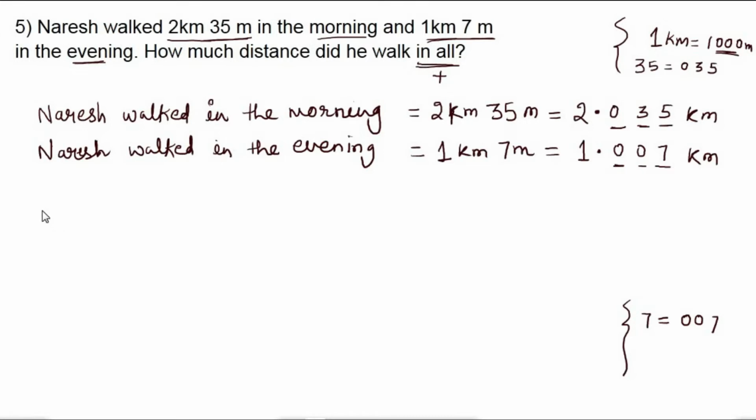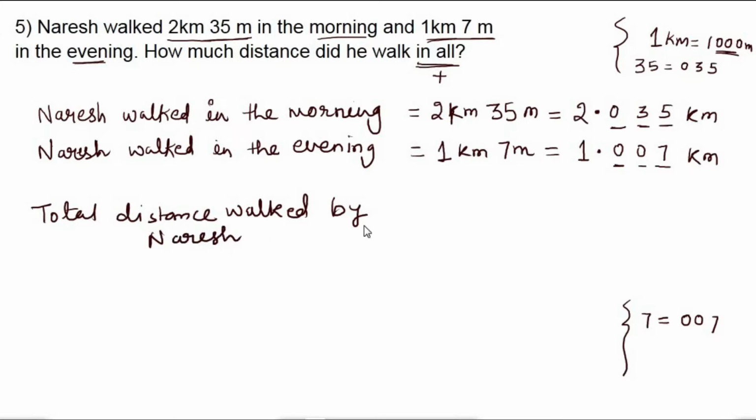Now let's write down the third statement, that the total distance walked by Naresh equal to 2.035 kilometer, 1.007 kilometer.